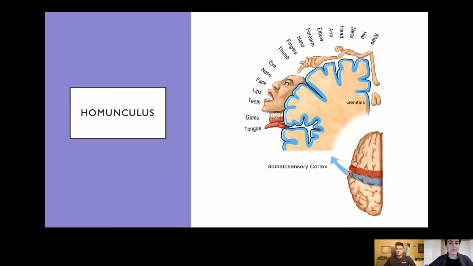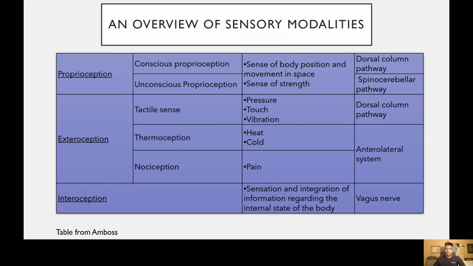So now it's Adhish's turn. All right. Now we're going to be talking about the different sensory modalities that we can experience. They are broadly classified into proprioceptive information, exteroception, and interoception. And as we know, these different sensory information are carried by different tracts.